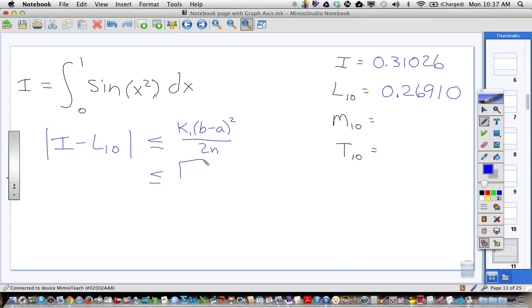For K1, I'm just going to put a box for a minute. We'll deal with that in a second. Okay, what do I put in for B minus A?